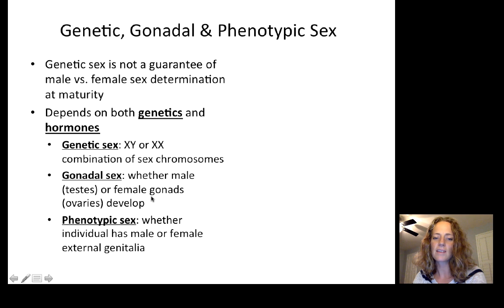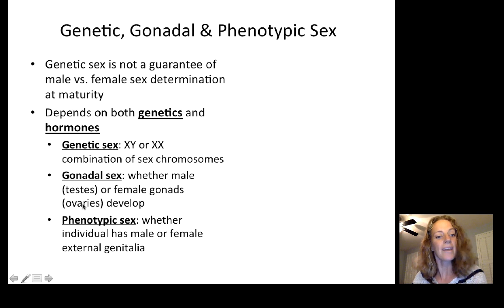And that depends on several cues that start with genetic sex, but are also determined by other genetic differentiation. So if you have male gonads, testes, or female gonads, ovaries, then you will also have gonadal sex determination.